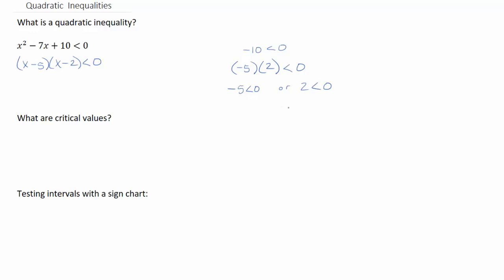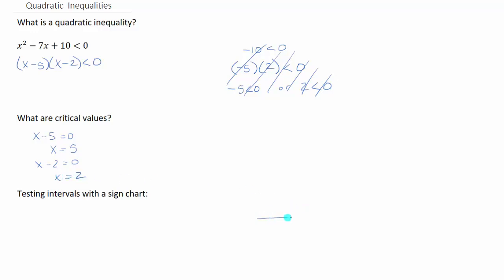It does not. Instead, what we have to do is to work towards finding critical values and testing intervals around those critical values with a sign chart. So the critical values are found by taking these factors and setting them equal to 0 and solving. 5 is a critical value, and 2 is a critical value.